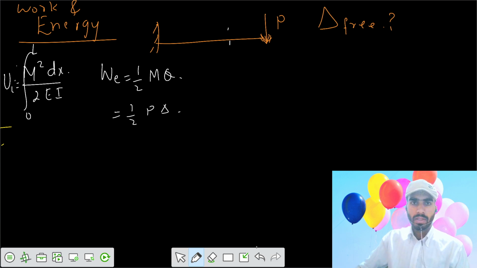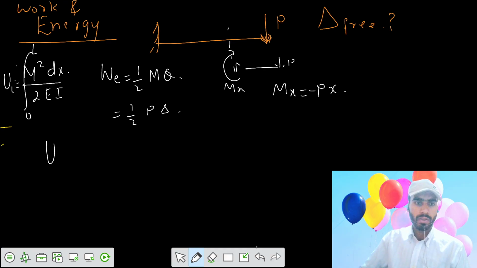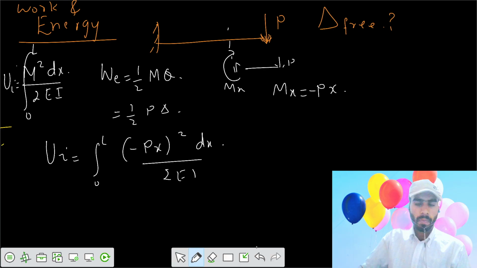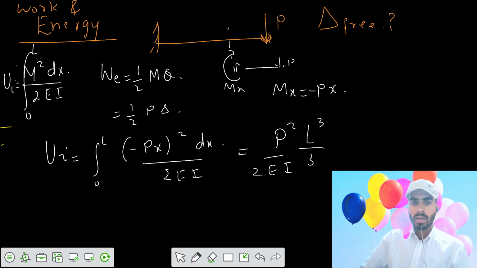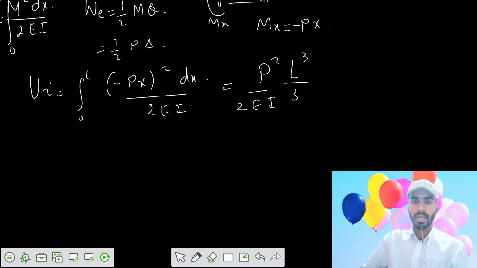The bending moment at any x equals minus Px. Substituting, the internal strain energy equals the integral from 0 to L of minus Px whole square dx by 2EI. That equals P square L cube by 3 into 2EI, which is P square L cube by 6EI.